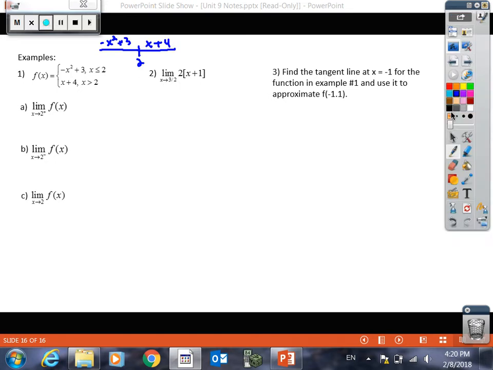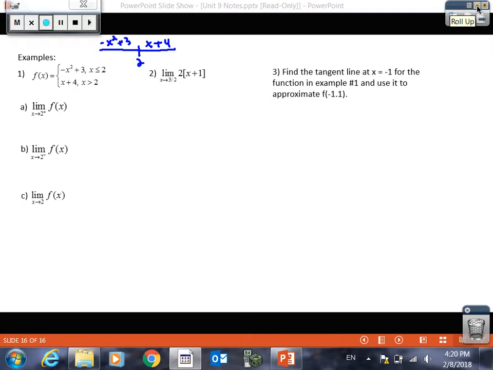So that's something that I like to note right there. That kind of helps me as I'm looking through these and deciding, am I coming from the right, am I coming from the left? So if I'm coming from the right approaching 2, that's what our first example is. If I'm coming from the right approaching 2, this is the function that I need to be using to calculate my limit.